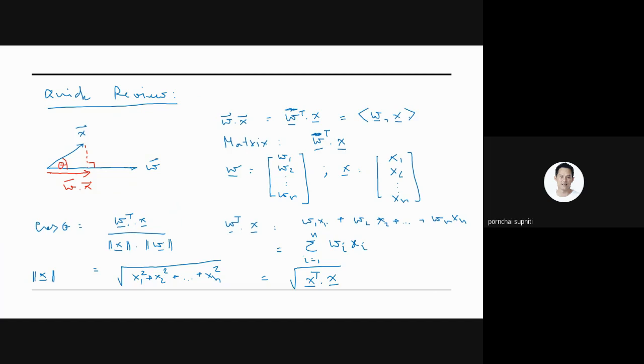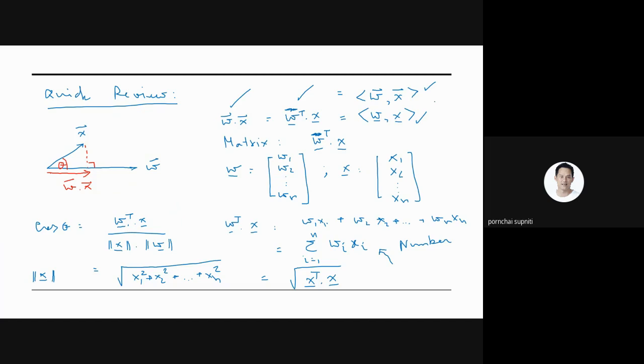Or we can also use another notation as w vector comma x vector. And you will see that this dot product, or the multiplication of vectors, is just a number. So we can write it like this, or like this, or like this.